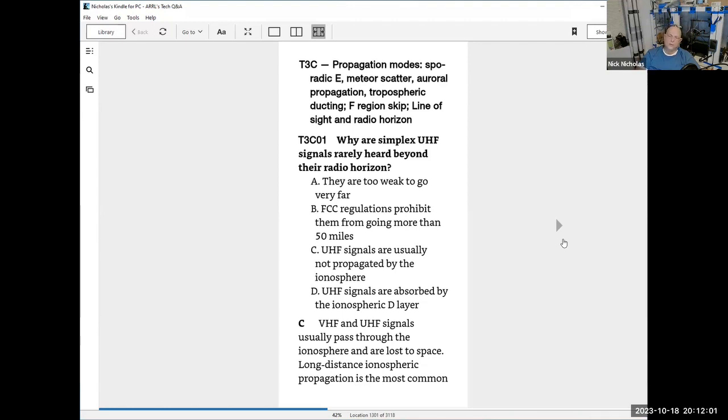In engineering school, I was taught that VHF and UHF radio signals only travel in a direct path, and they never bounce off anything. As a ham radio operator, I already knew that wasn't true. I also knew that they can bend from refraction, they can be reflected.